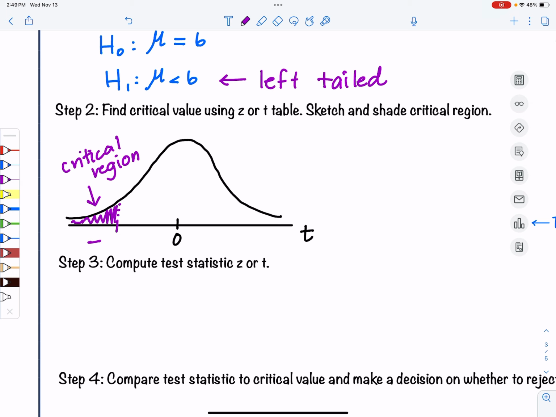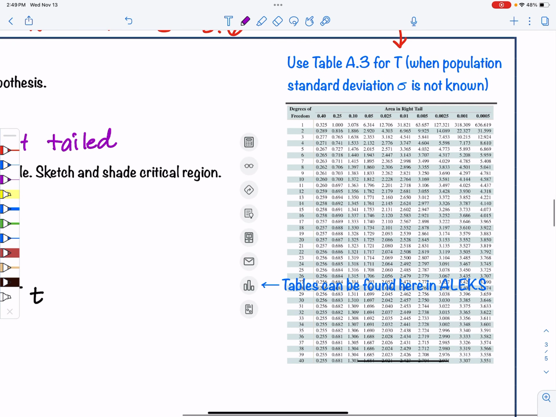The other thing that I can gather here is that my critical value will be negative because for a left-tailed test, you're below 0. All right, now because this is a T that we're looking at here, we're going to go to our T table. All right, and remember, you can access these in ALEKS by clicking on that button with the bar chart. Now, when you use the T table, you are going to be asked for a new value here, something called degrees of freedom. And for this test, that's always going to be N minus 1.